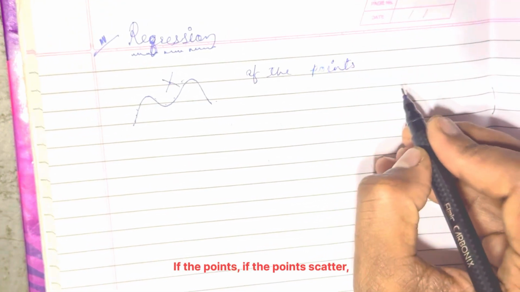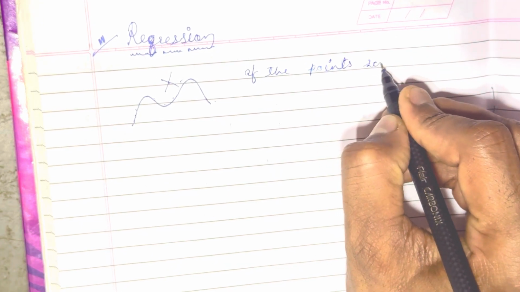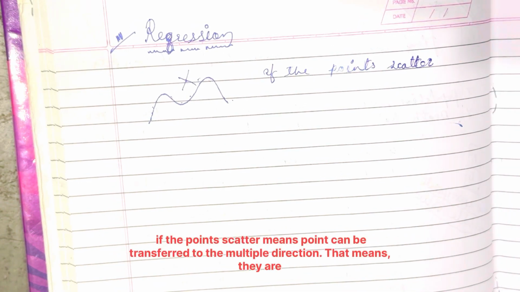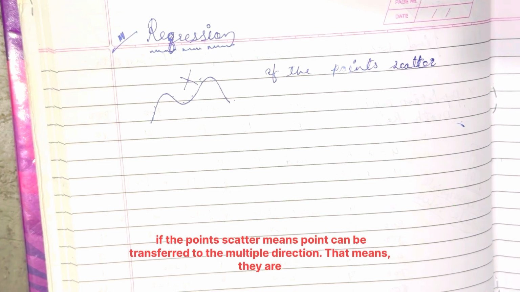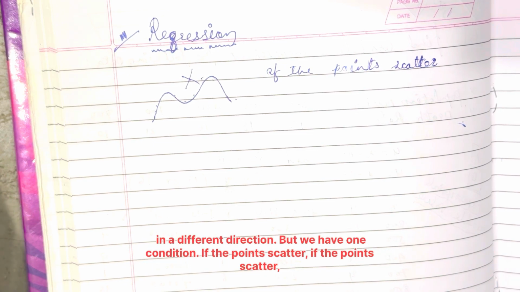If the points scatter, the points can be spread in multiple directions, that means they are scattered in different directions.